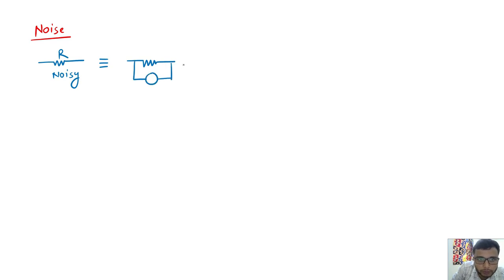So first, the concept of noise. If I'm just considering a noisy resistor, this is my noisy resistor that I call R. To model it with the noise, we can use a current source that I call IN, and this R is now noiseless.